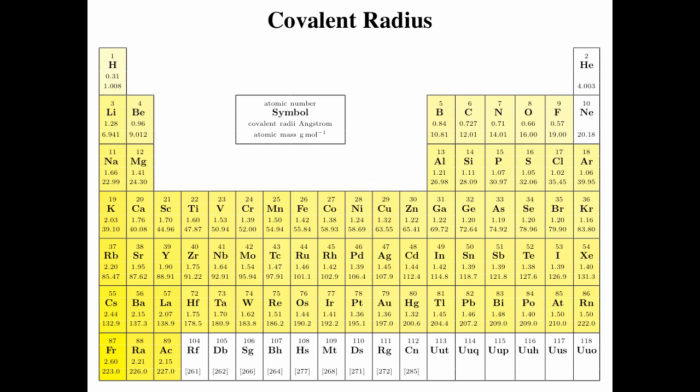Now this periodic table is colored based on the size, and also notice that below the symbol is the covalent radius. There's actually a couple different ways of defining the size of the atom. I'm going to use the covalent radius. And so notice for fluorine, the covalent radius is 0.57. For francium, which is down on the lower left, it is 2.6 angstroms.